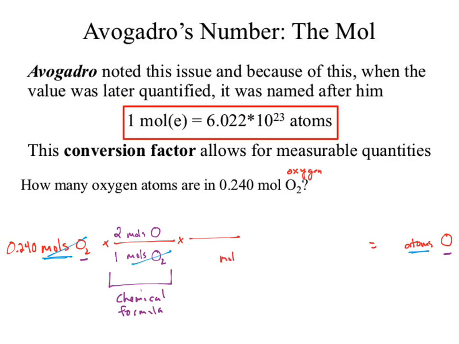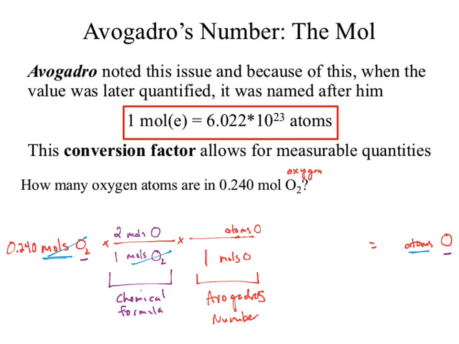Okay, so moles of oxygen atoms can be related to our atoms of oxygen. Where do I find the conversion factor for moles related to atoms? That is our Avogadro's number. And ran out of space there. What numbers get put in here? 1 goes with moles.